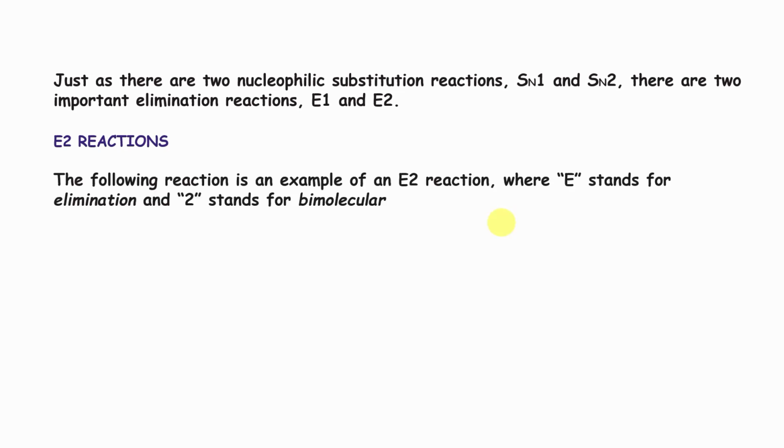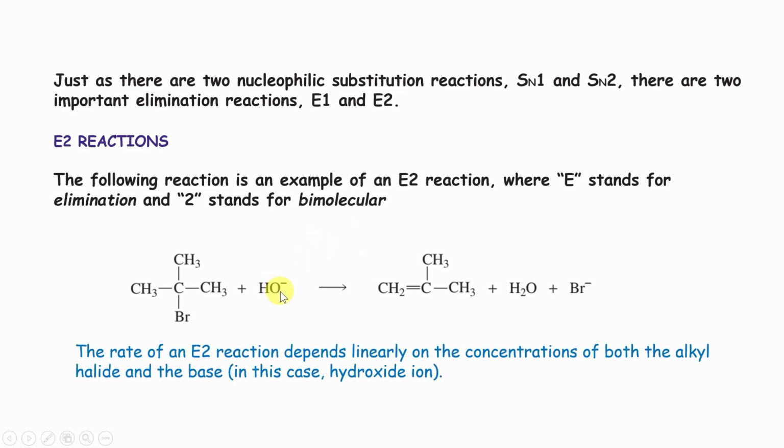It is one of the important examples of E2 reaction. Here 2-bromo-2-methylpropane reacts with the base forming this alkene. In this case, the rate of reaction depends on the concentration of both the substrate molecule and the base. So it is a second order or bimolecular reaction, and hence the name E2 reaction.